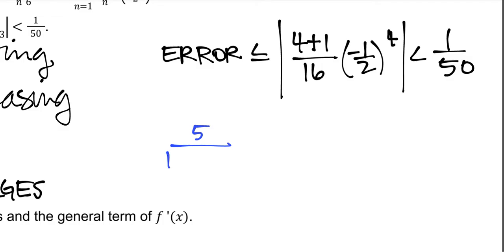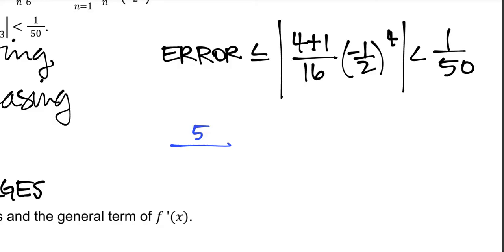So 5 over 16 times 2 to the 4 is another 16. You could either think of this as 2 to the 4, 2 to the 4, and count by powers of 2: 2, 4, 8, 16, 32, 64, 128, 256, or maybe you just know that 16 times 16 is 256. That's not one that I had to learn in elementary school.